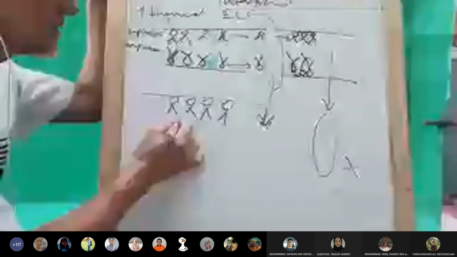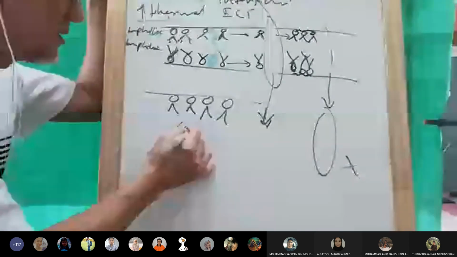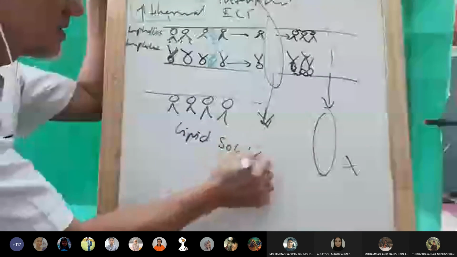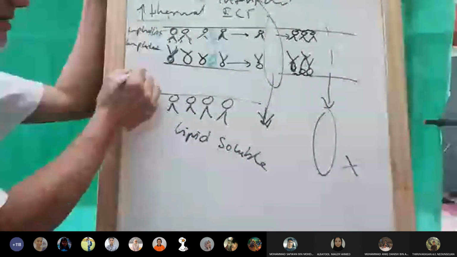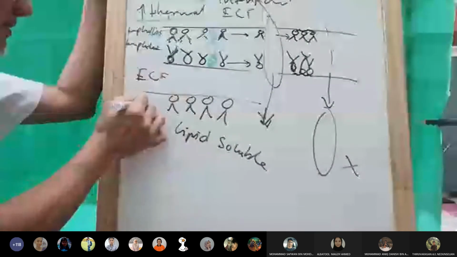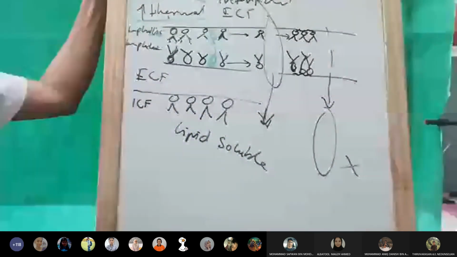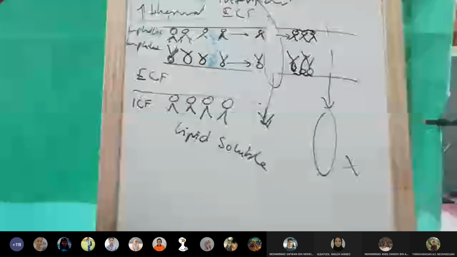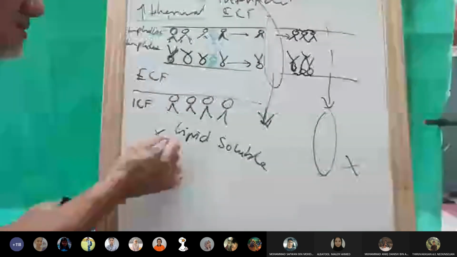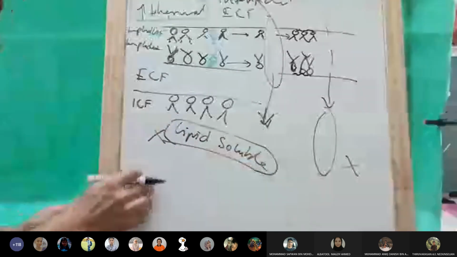One layer means that the content inside must all be lipid soluble. Is that useful intracellularly? This is ECF and this is ICF. If they are just a single layer, they won't be useful, because you cannot have all the chemical reactions going on.